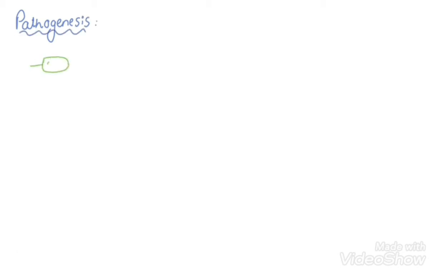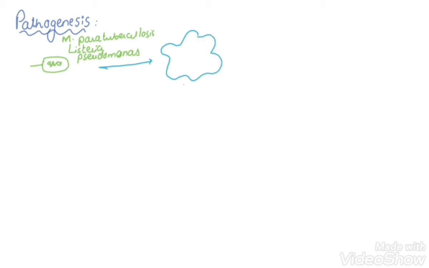The pathogenesis of Crohn's disease involves the exposure of the body to pathogens like Mycobacterium paratuberculosis, Listeria, and Pseudomonas. Like in any other body, these activate the antigen presenting cells. Antigen presenting cells phagocytose these bacteria and present their antigenic part to other immune cells.